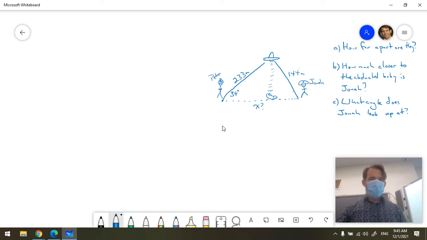If we look at sine law, and we're trying to calculate for this unknown angle here, we'll call that angle J for Jonah. So this would be sine 34 degrees divided by the associated side, which is the opposite side to that angle, 144, is equal to the sine of the unknown angle, sine J, divided by the associated side, 233.